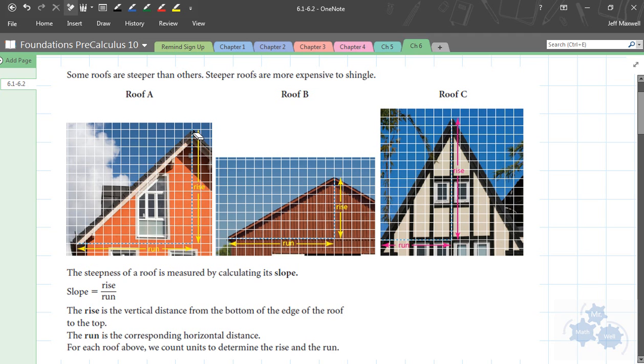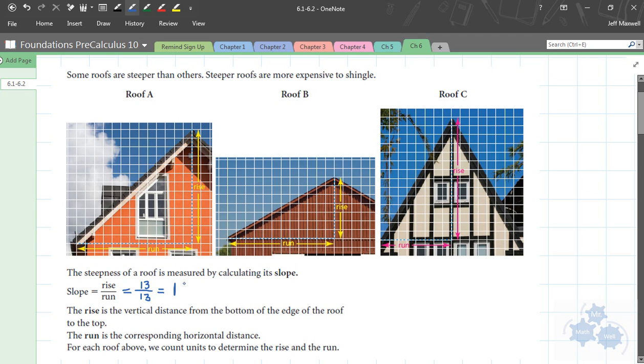So a rise of 13 units, whatever those are, and a run of 13 as well. If I was asking you to calculate the slope, you would do this: 13 units divided by 13 units equals a slope of 1.